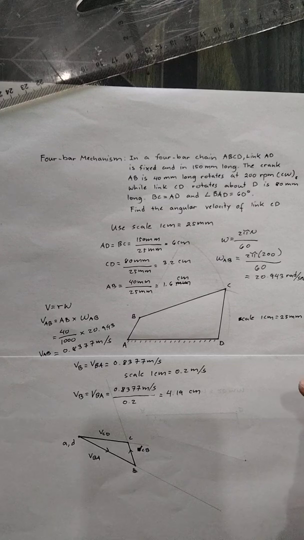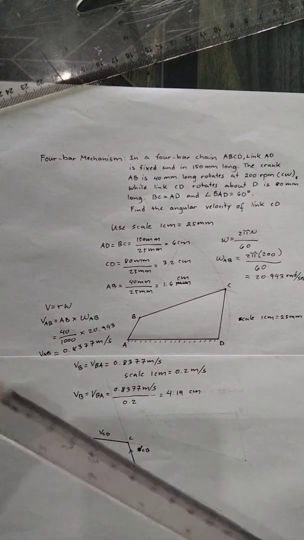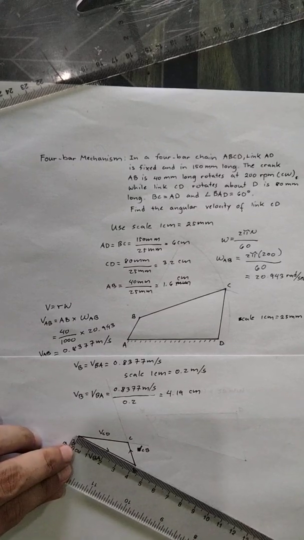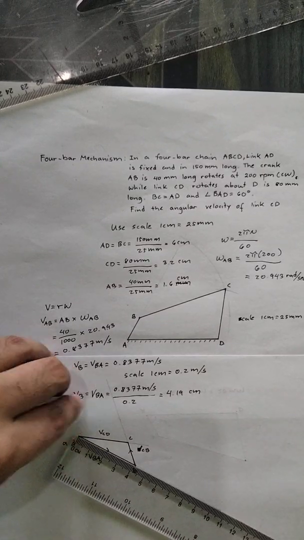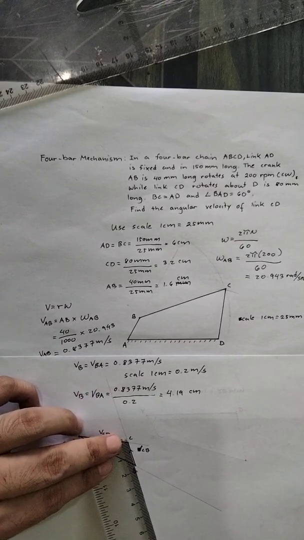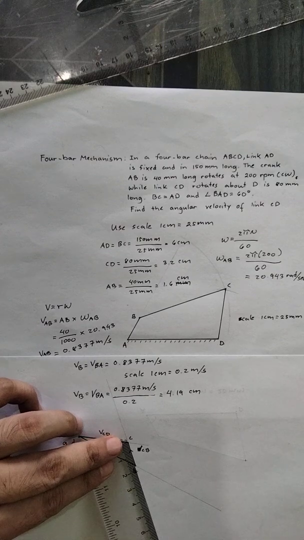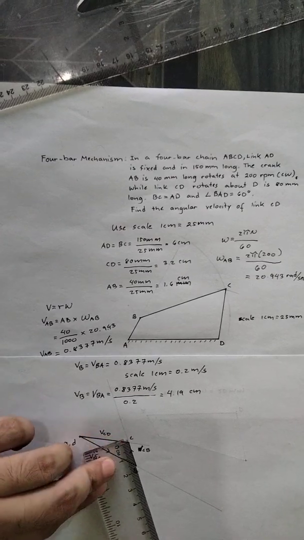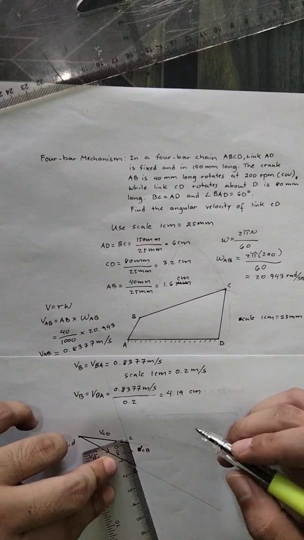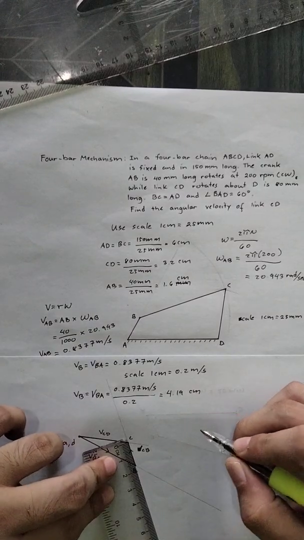Okay, so the next thing to do is to measure its length. Okay, just to measure the length so that we can, okay, we know that the part equivalent to this is 4.19, which is the velocity of B relative to A. So we just need to measure what its dimension is. So we measure, it's around, I think it's 1.6. So it depends on your measurement.